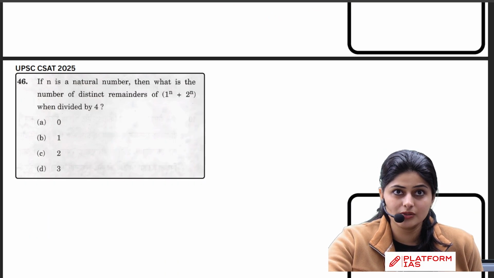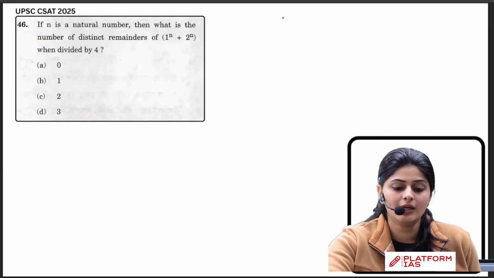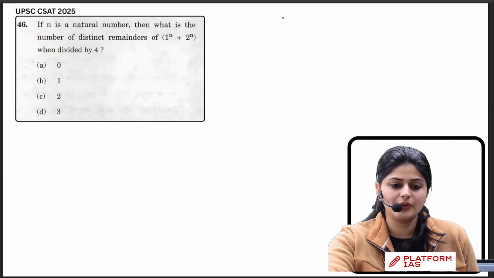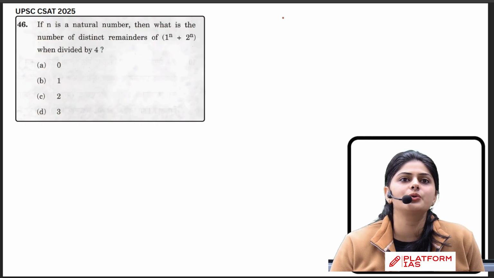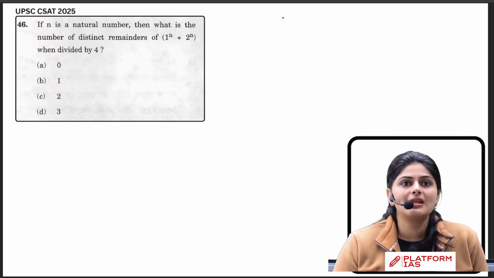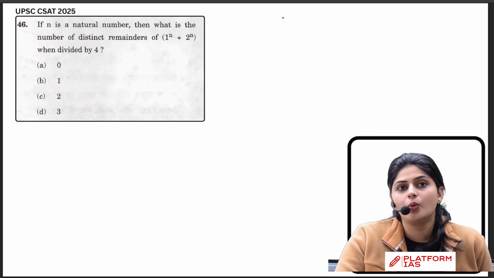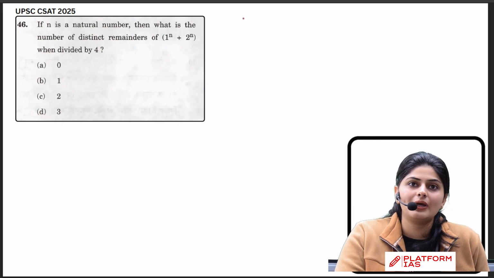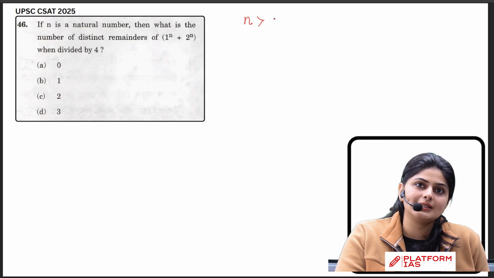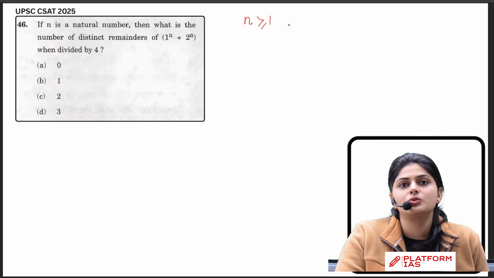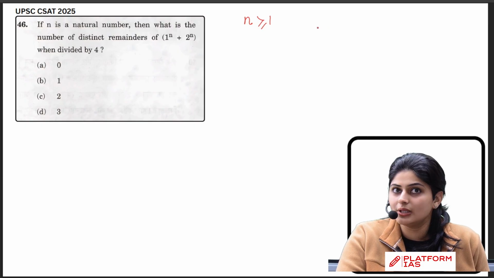Okay, now moving to the next one. Let's read the question. If n is a natural number, then what is the number of distinct remainders of 1 to the power n plus 2 to the power n when divided by 4? See, when n is a natural number, it means n is greater than or equal to 1, but n is not equal to 0.